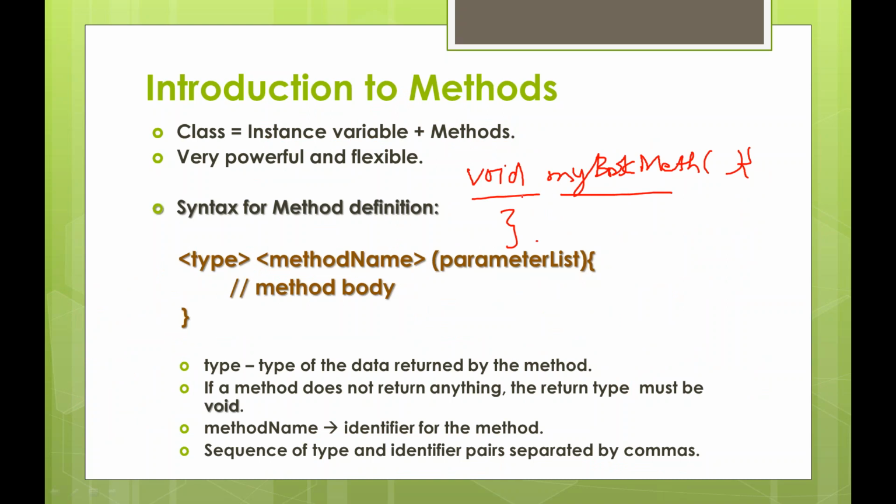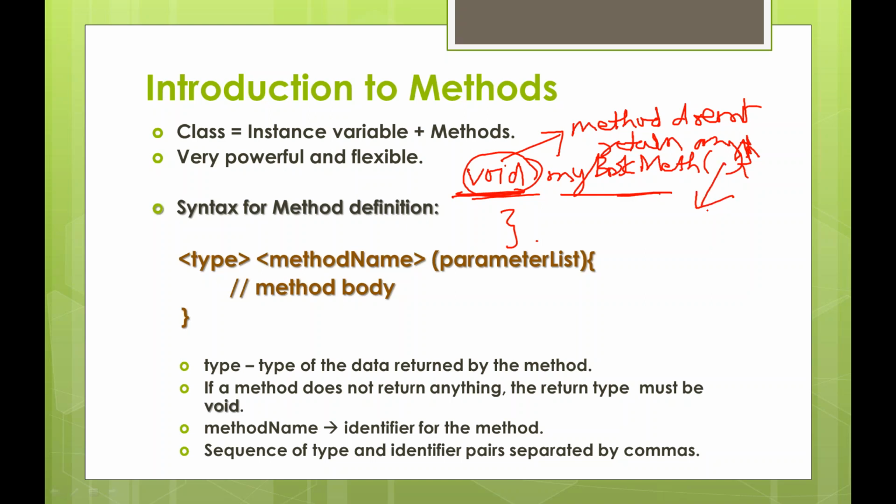This is the identifier. Void means this method does not return anything.